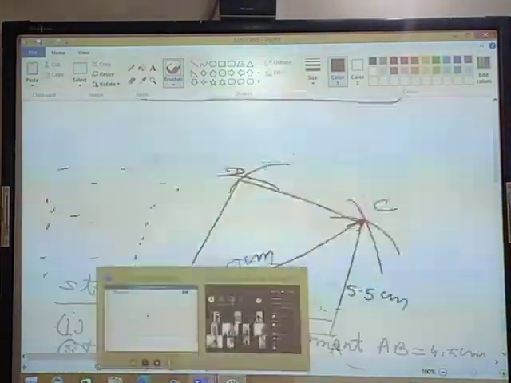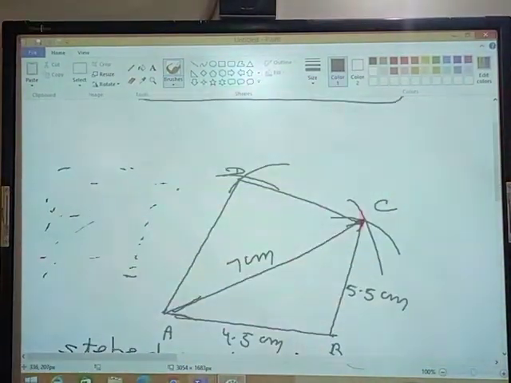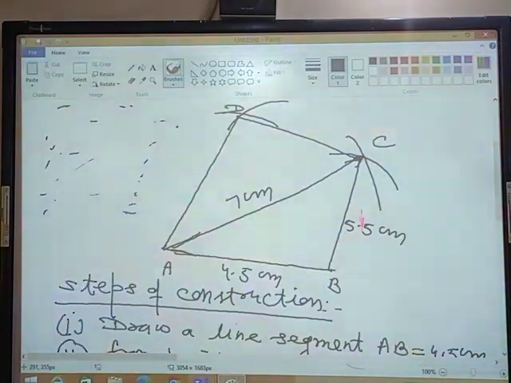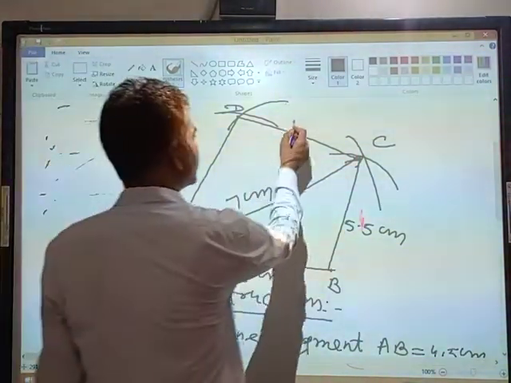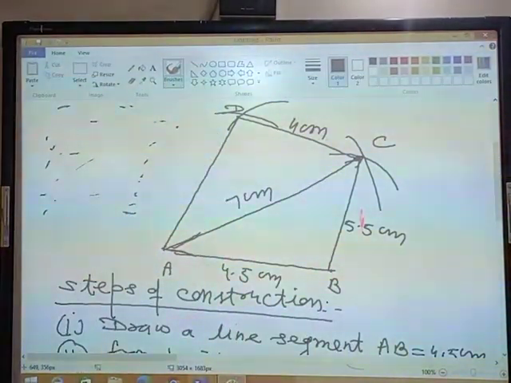Start now. From point C, draw an arc. CD is 4 centimeter and AD is 6 centimeter.